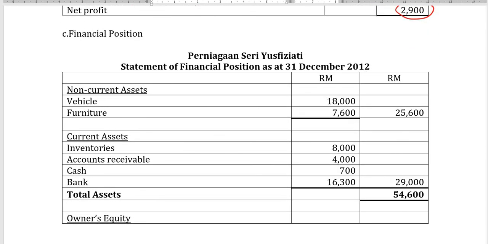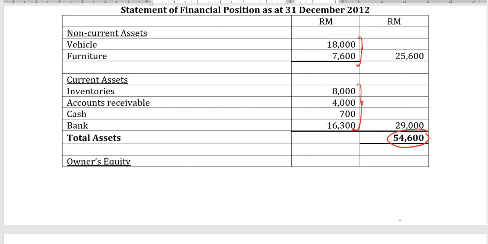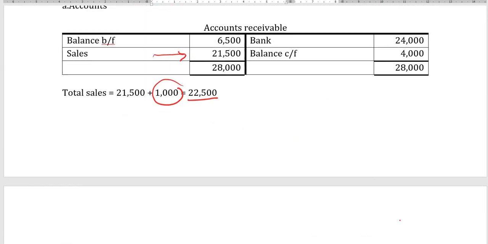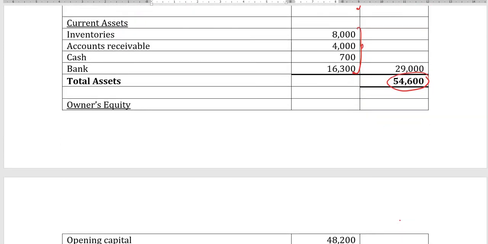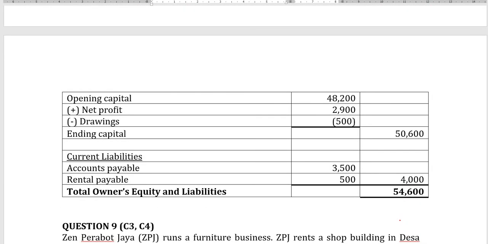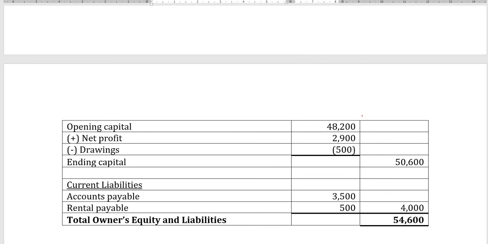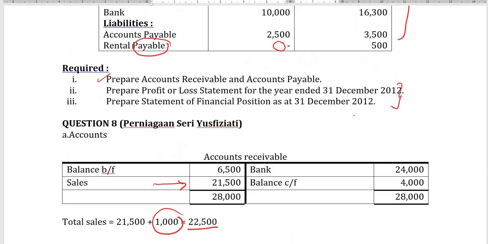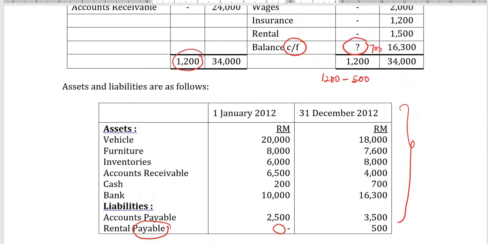Okay, alright. So for financial position macam biasa, this is your non-current asset, this is your current asset, so total altogether is 54,600 ringgit. Okay, as for the owner's equity, opening capital yang ni 48,200. Okay, where do I get the opening capital from? Ambil dari mana? Macam biasa.